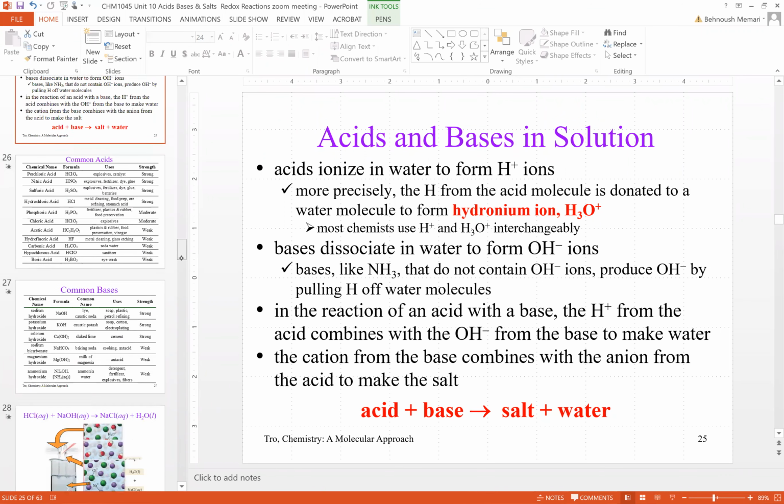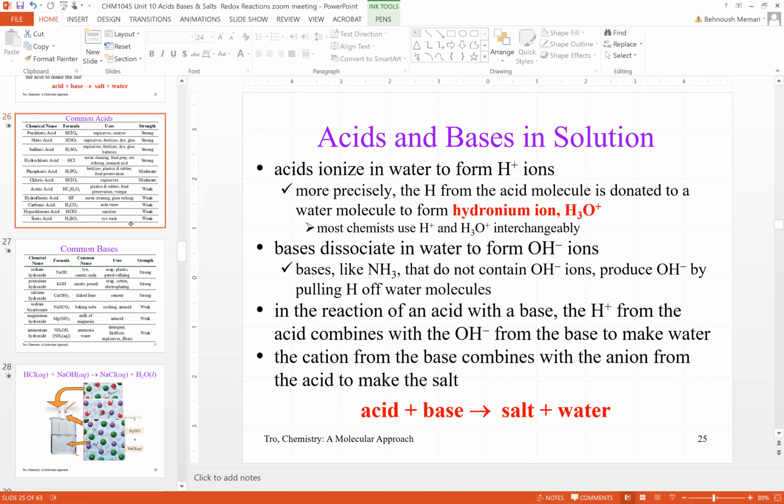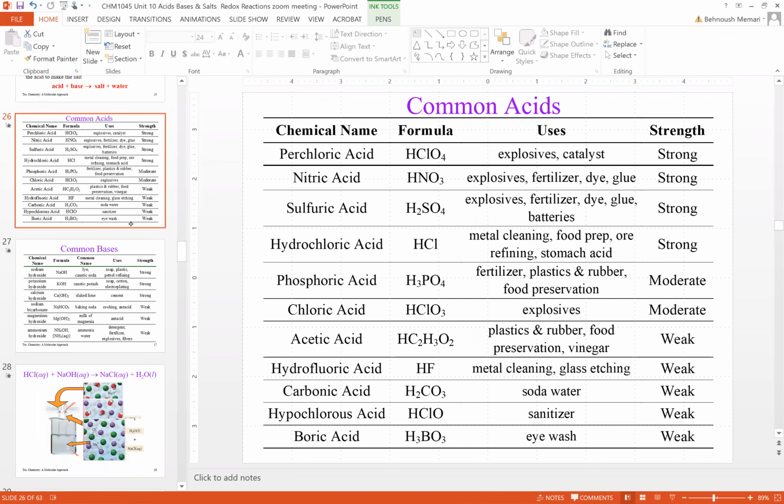So you end up with salt and water. Some common acids: perchloric acid, nitric acid, sulfuric acid, hydrochloric acid, these are strong acids. It's good to know if you have a strong or weak acid, because we learned before that a weak acid is a weak electrolyte and a strong acid is a strong electrolyte.